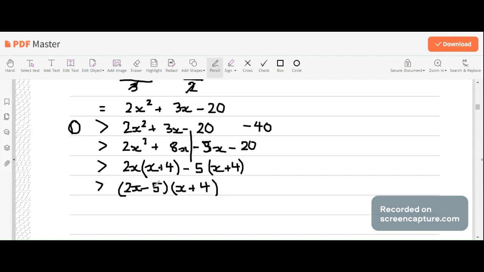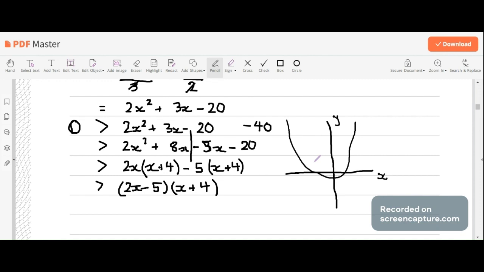Okay, so now we need to find where this is less than 0. So let's draw something out here. This is an axis of our parabola. It doesn't matter where it is. So let's say this is our x, this is our y, and this is our parabola like this. I'm just going to say it goes like that.